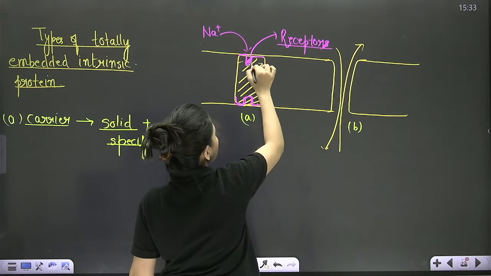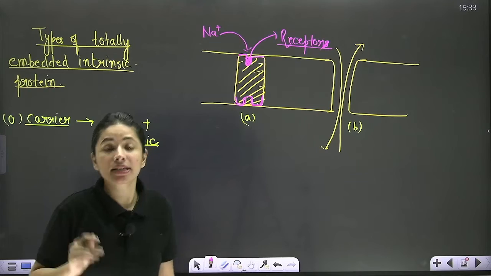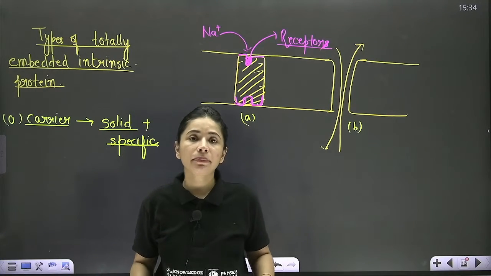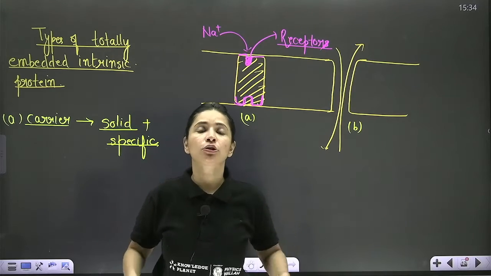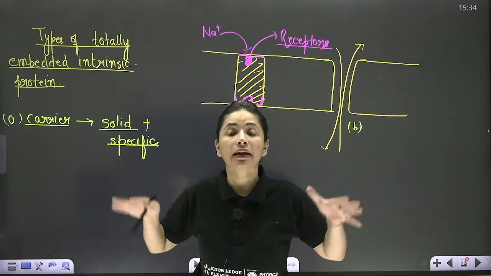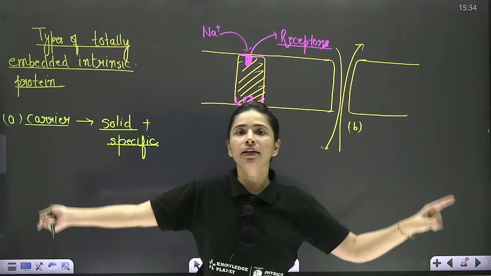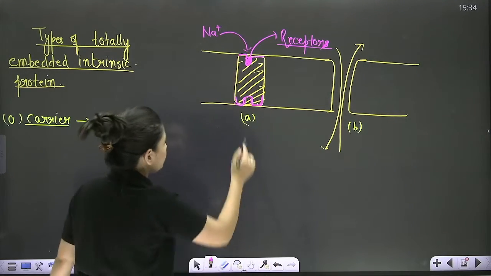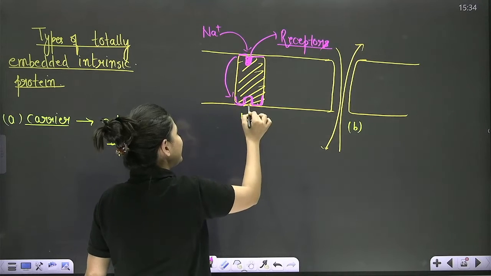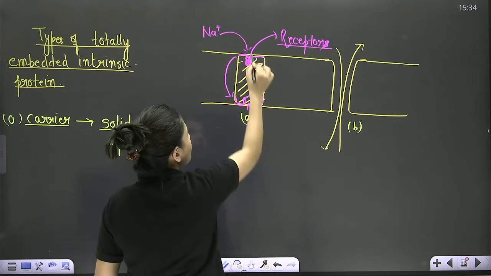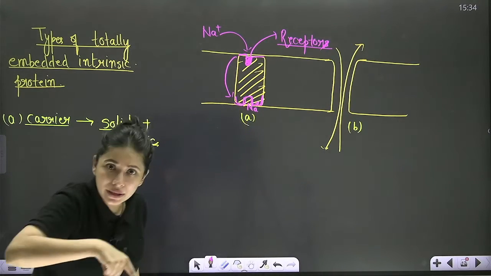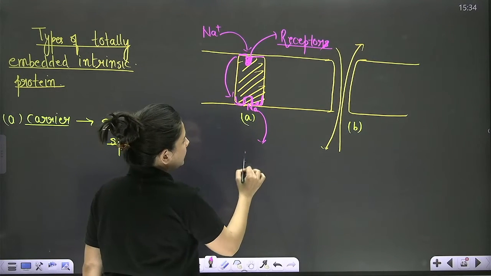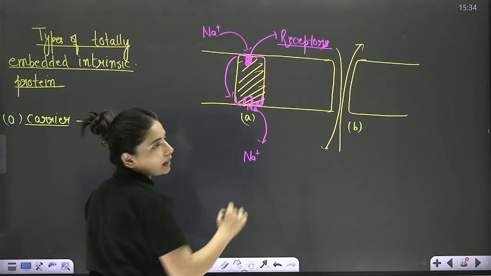Once sodium has bound its specific receptor, then this carrier protein, staying in its location, अपनी जगह पर रहकर, will turn 180 degree. And if it turns 180 degree, then sodium from outside will come towards inside. ठीक? अब ये सोडियम इससे detach हो जाएगा.